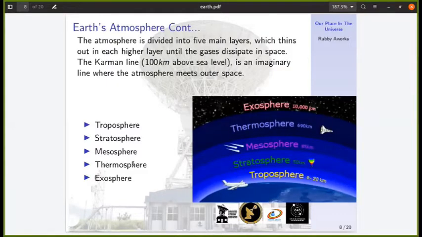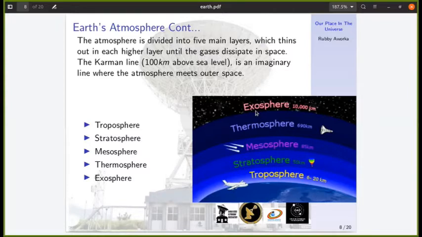The atmosphere is divided into 5 main layers or sections, and they are the troposphere, that's the closest layer, followed by the stratosphere, mesosphere, thermosphere, and lastly the exosphere.